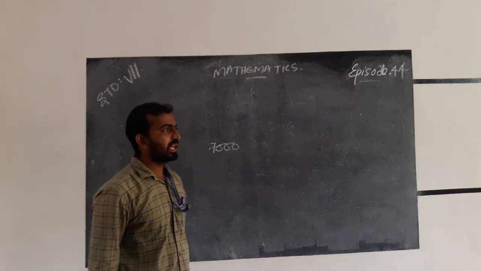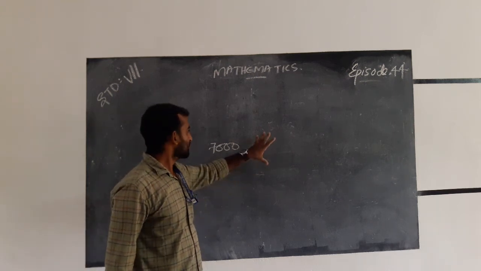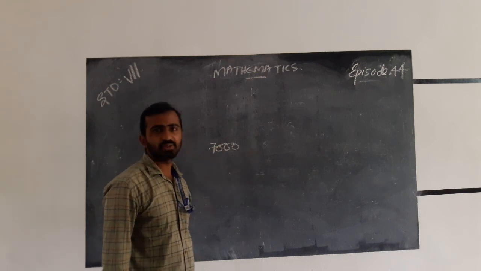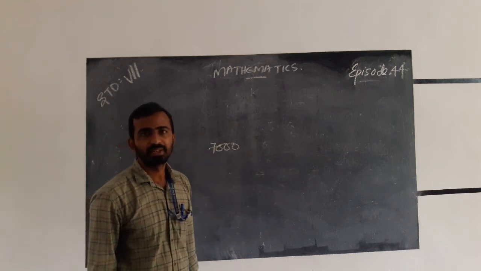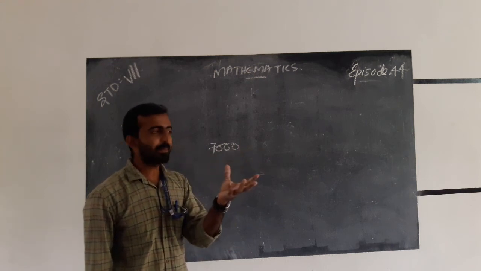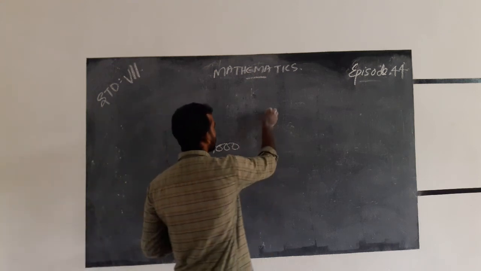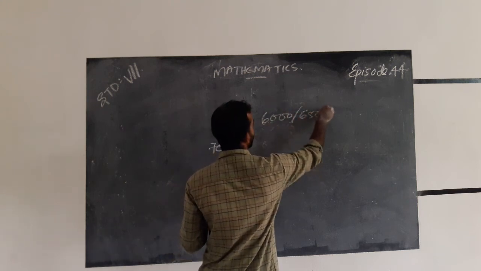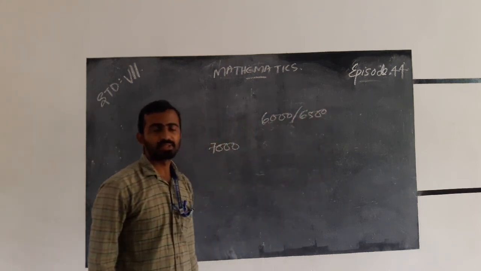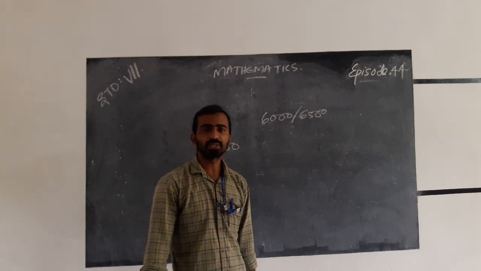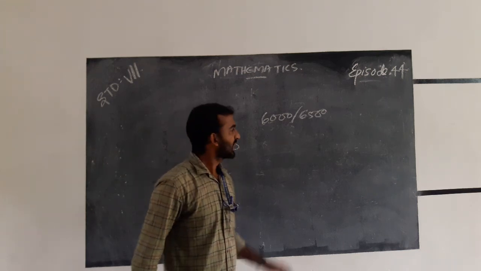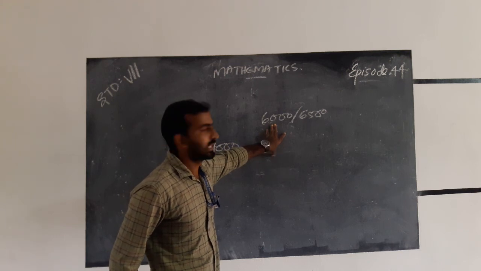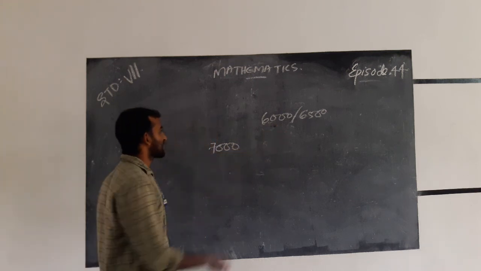But the actual rate at which the shopkeeper gets that mobile is 6,000 or 6,500. The price of 7,000 is known as the selling price.